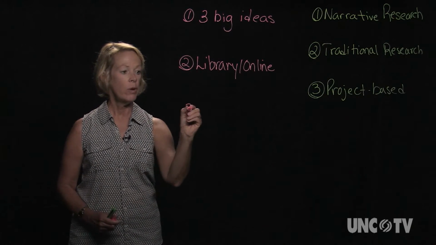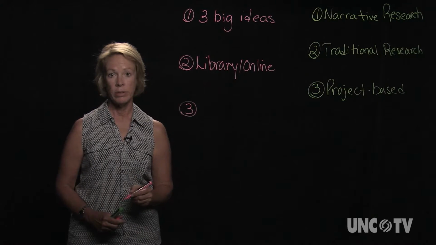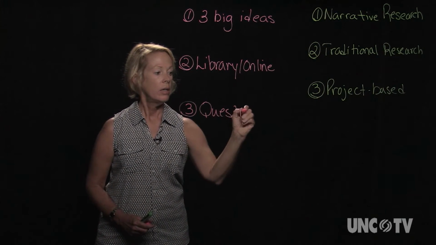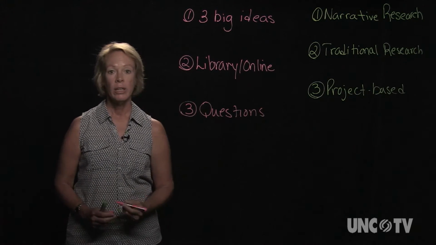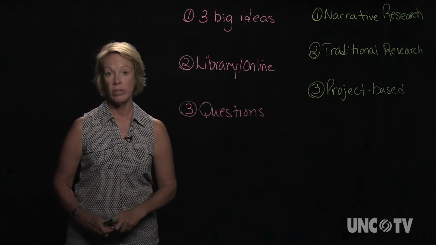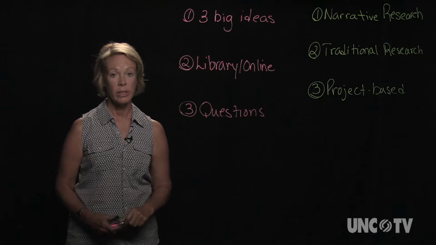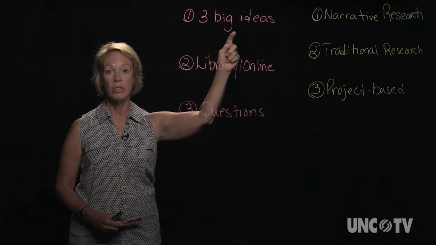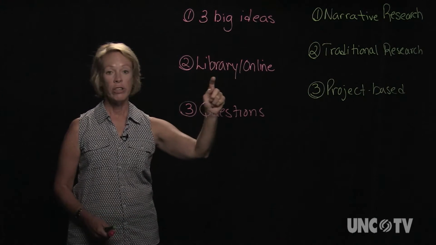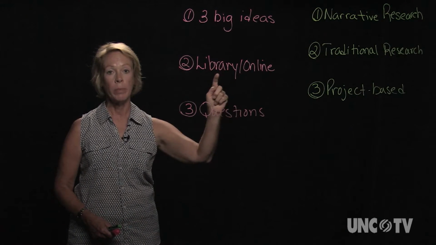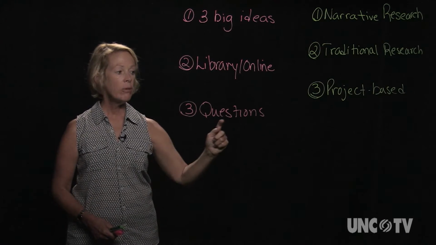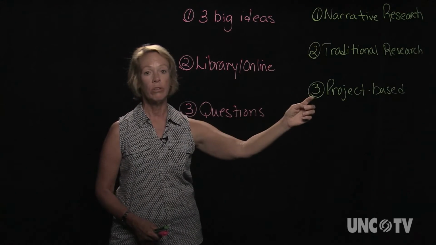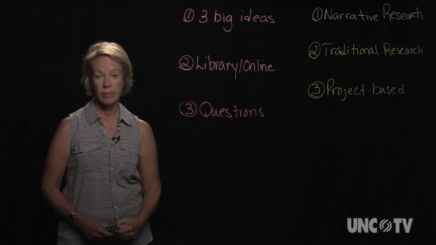And the third thing I want you to take with you to your advisor are some questions that you would like to answer in this research project. So when you meet with this person the first time, you have thought about 3 things you would be interested in researching. You've gone to the library and you've looked online to see what people are saying about it. And you have some questions formulated that you would like to answer through one of these 3 research methods.